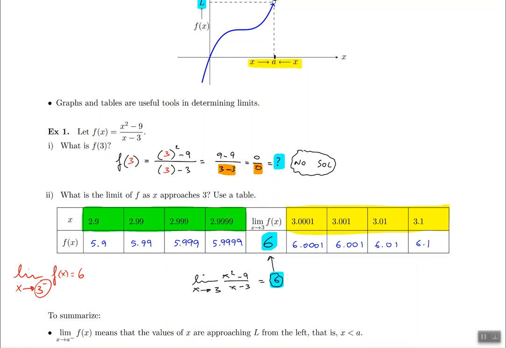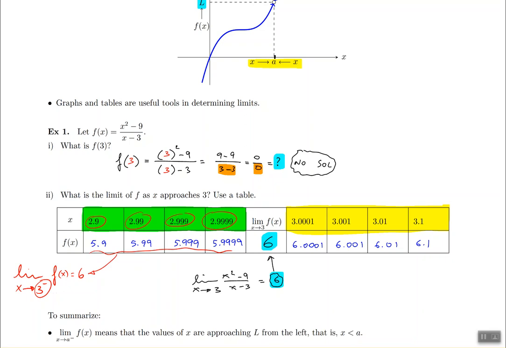So 2.999 is slightly less than 3, and so on and so forth. That's what the 3 minus stands for. It's a symbol that means pick a number slightly smaller than 3. If I pick any of those numbers, I notice that the answer I'm getting is always 5.9, 5.99, and so on, which is always close to 6.